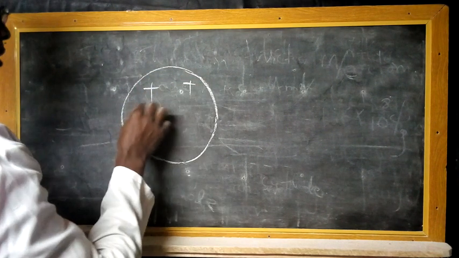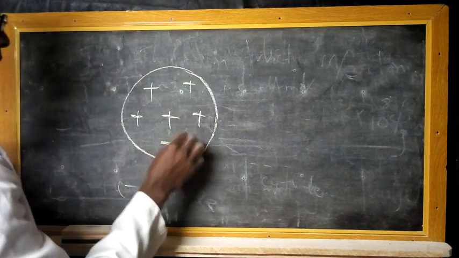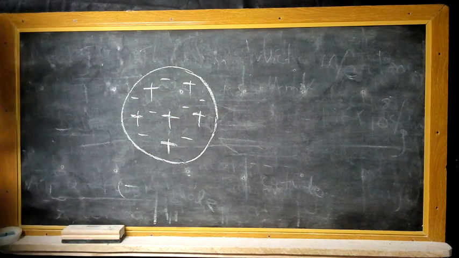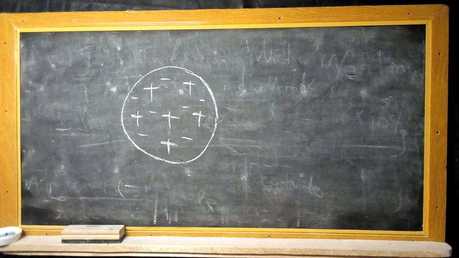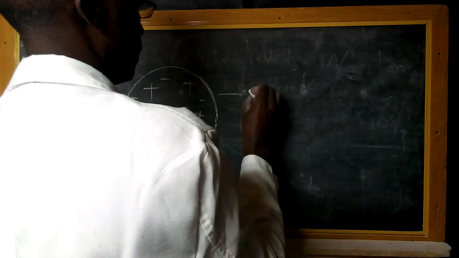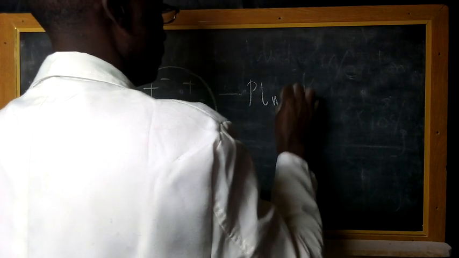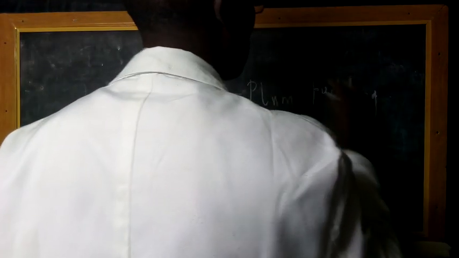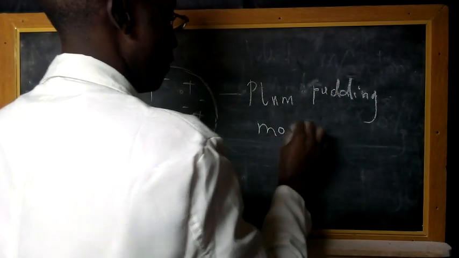So he argued that in a Plum pudding model, electrons are uniformly distributed amongst the positive charges, or dispersed uniformly in the positive charge, in the space of an atom. And that was the model that he came up with, that we are calling the Plum pudding model of an atom.